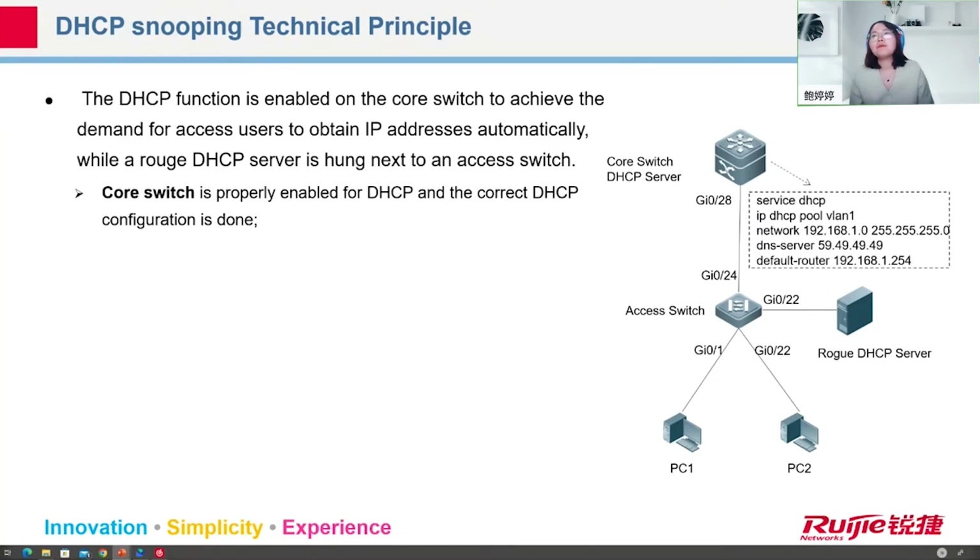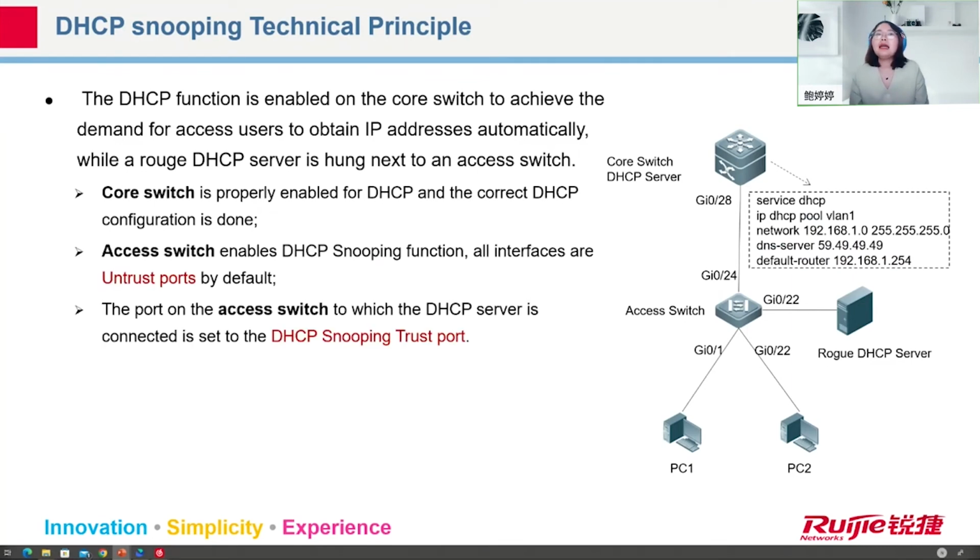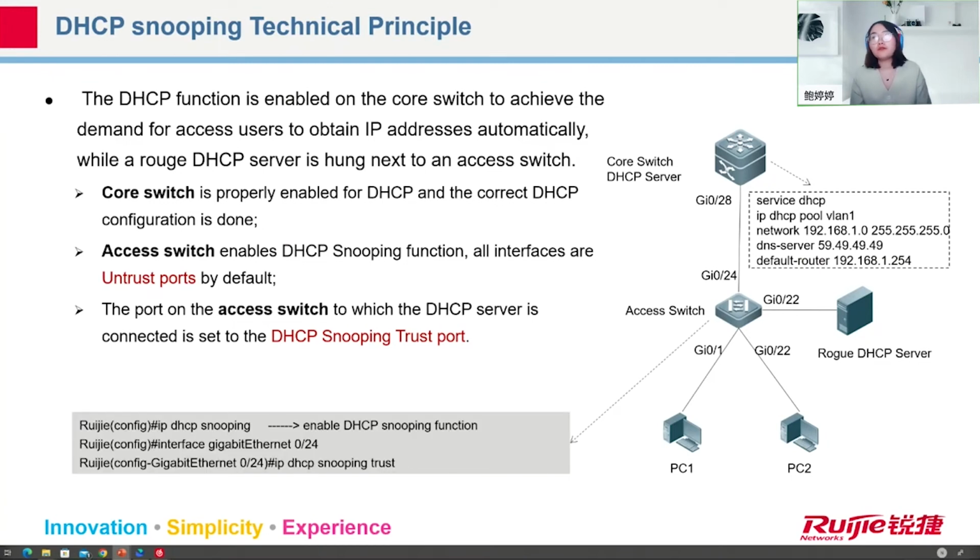And then the next step. This is the key configuration on the core switch, the DHCP server. Then the access switch will enable the snooping function, so all the interfaces will become untrusted ports by default. Then we can make GigabitEthernet 0/24, which connects with the core switch and the DHCP server, become the trust port. Here is the configuration. First, we have to enable ip dhcp snooping, and then all the interfaces will become untrusted by default.